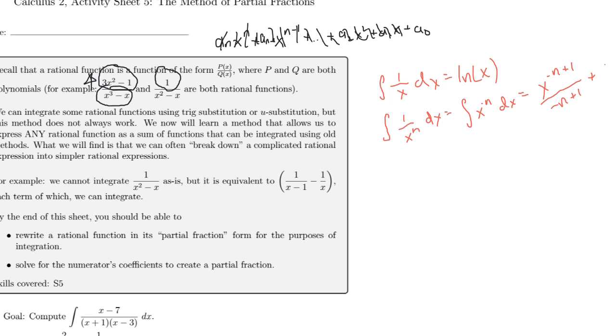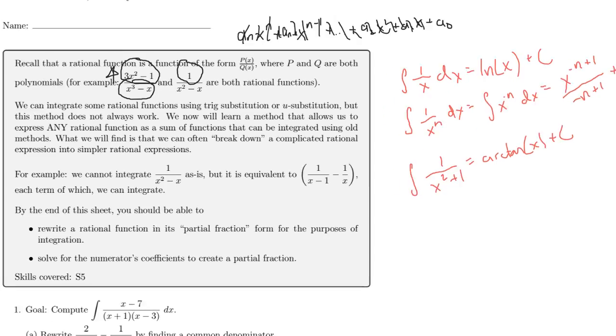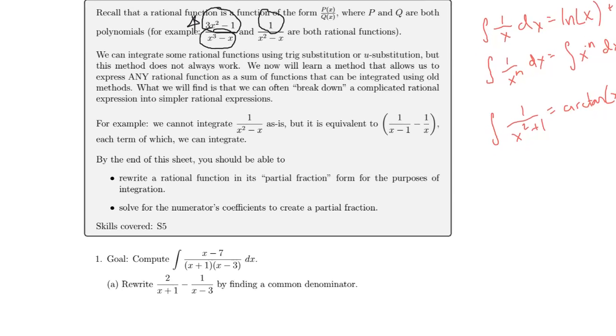And of course, I should throw on some plus c's in all of these. So there are some rational functions we already know how to integrate. Here's another one, the integral of 1 over x squared plus 1. We saw this last time. This is just the inverse tangent, or the arctangent function.